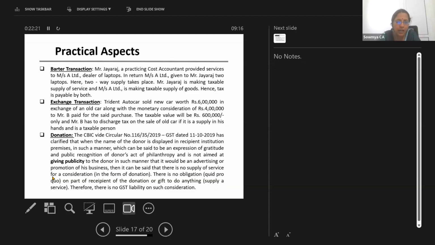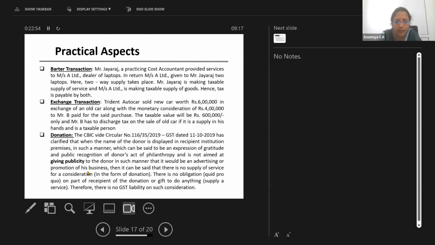They have clarified that when you get some sort of a benefit from the donation, like your name may be written in small print under the goods that you have donated, or on the AC, if it is not aimed at giving publicity to the donor in a manner that it would be an advertising or promotion of his business, then it can be safely considered there is no supply of service for a consideration. There is no obligation, no quid pro quo. That is what they said.